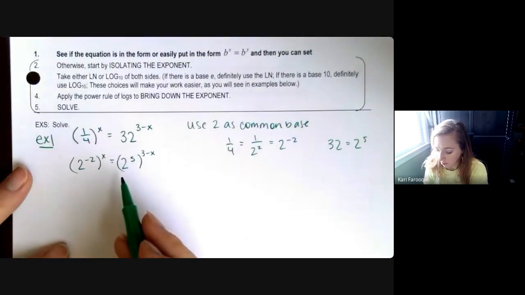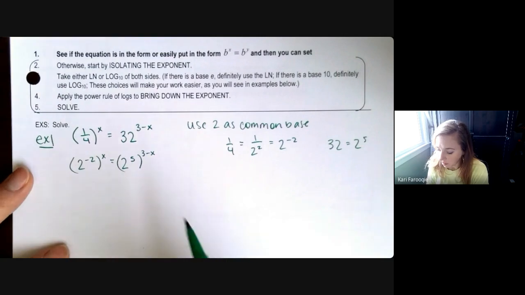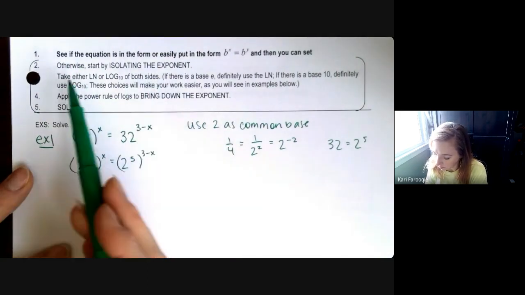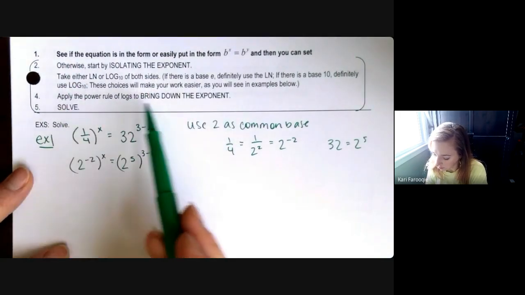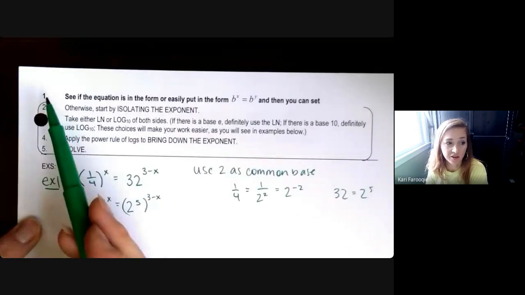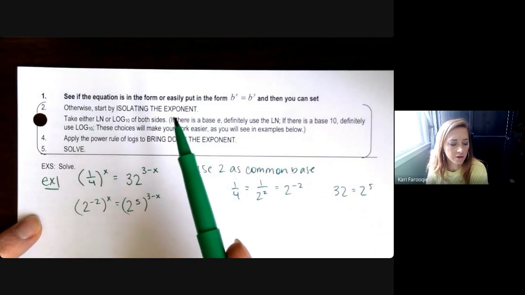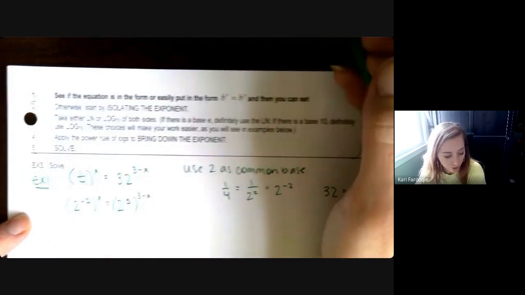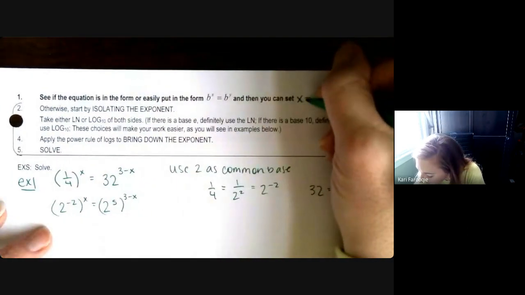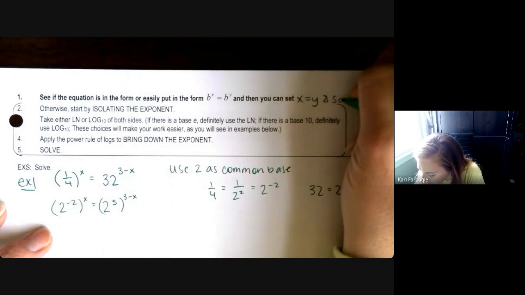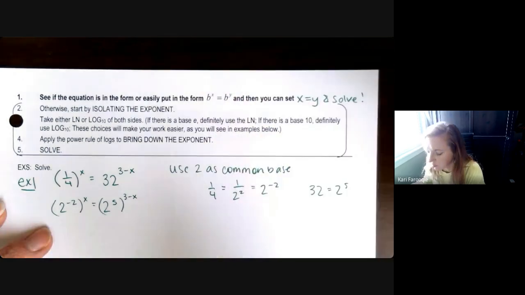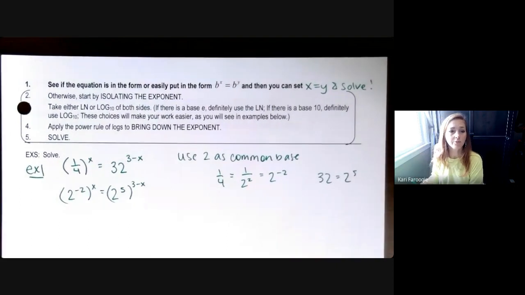Once we have the same base, what we're going to be focusing on here is just number 1. I needed to give you this information in the notes, because I'm supposed to write it for you.